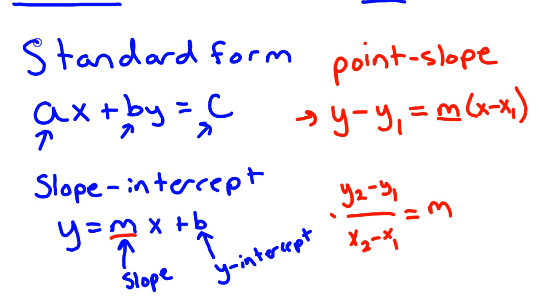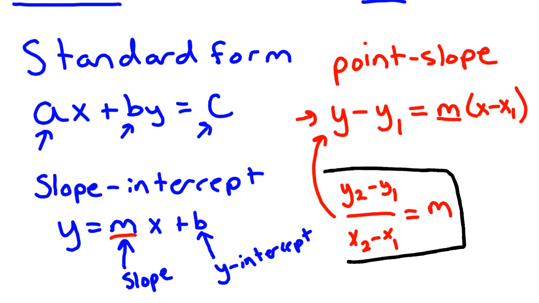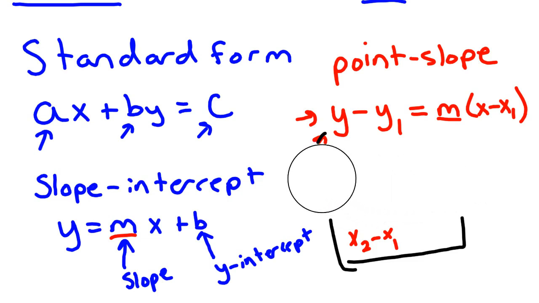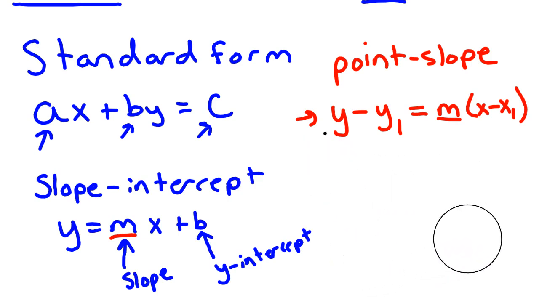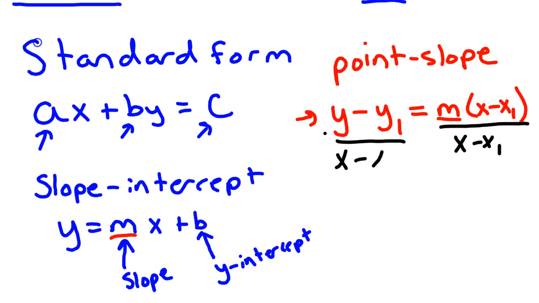Well, if you can see the connection here in the algebra, this is the form I like to use for point slope form. And all you have to do to get it from this form to this form, so that it looks similar, because it is the point and the slope, is to divide by the x minus x1 on both sides of the equation.